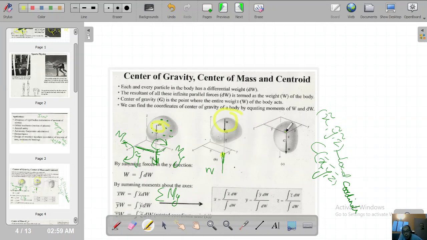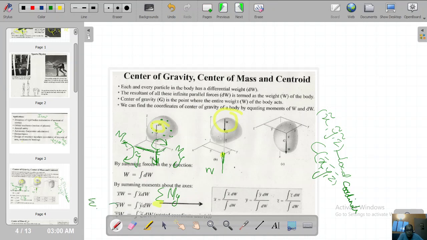Now the weight is acting along the x-axis, and this dw is acted upon by the z tilde, which is basically along this, because as you rotated it, it will be giving you the moment about the z-axis.